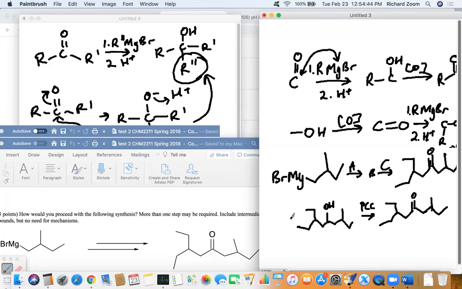And now I have to figure out, well, what goes on this arrow here to take me from the starting material through to the end.